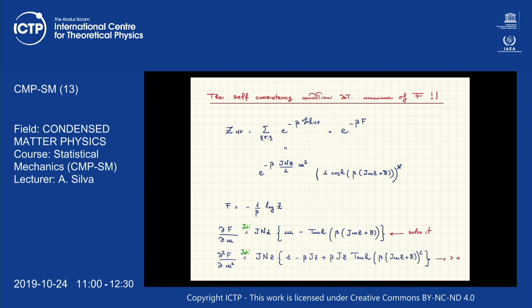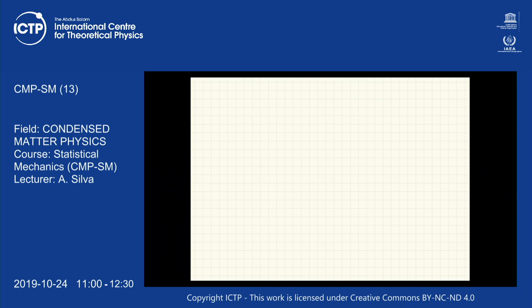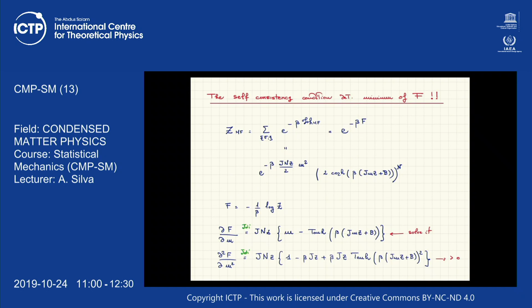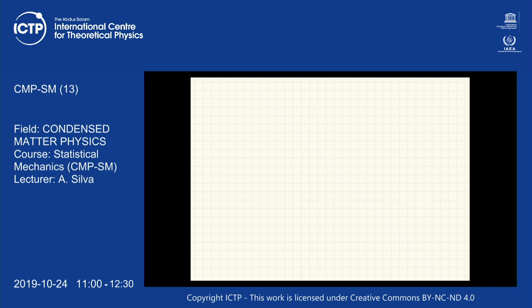That's it. All right. Now, let us try to solve the self-consistency condition in the case where B is equal to 0. You're more than welcome to solve it in all possible cases. You will see that you will get some interesting stuff. I'll tell you later what you will get, but this is actually the simplest possible situation.